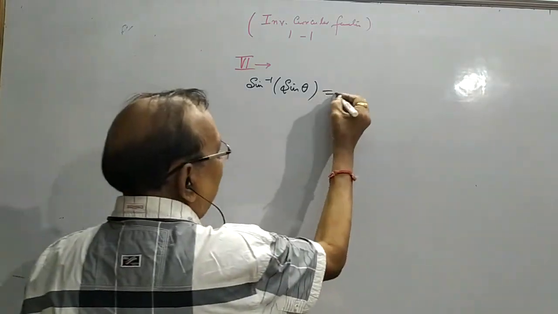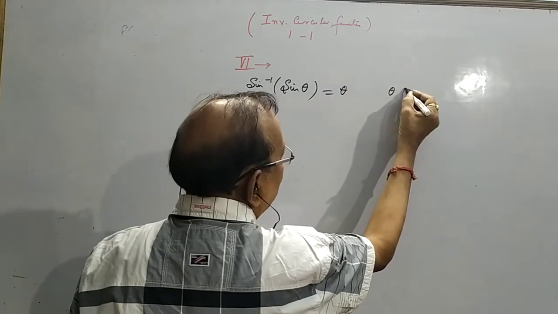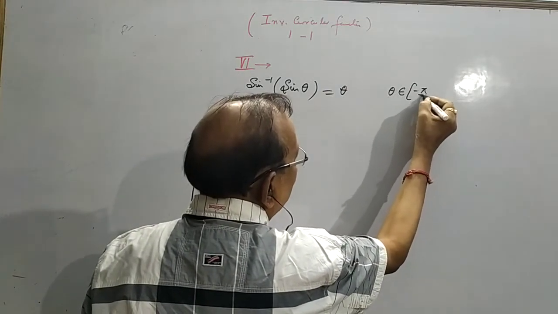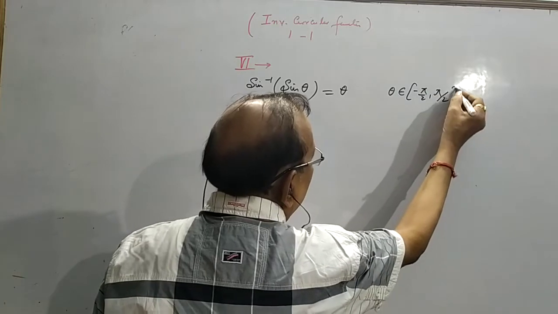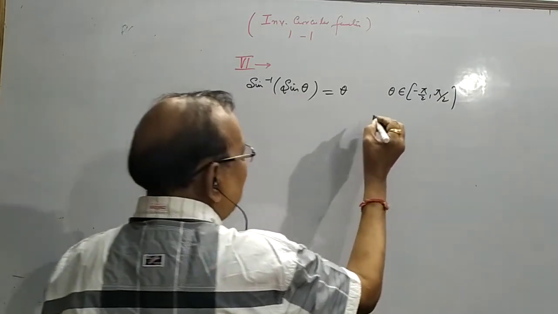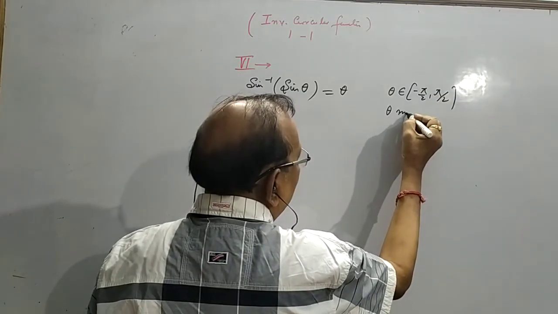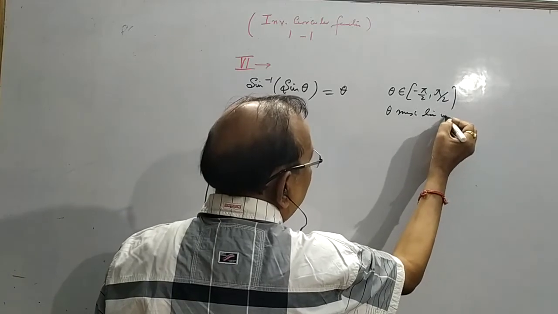That will be theta only if theta belongs to minus pi by 2 to pi by 2, that is in principal values.